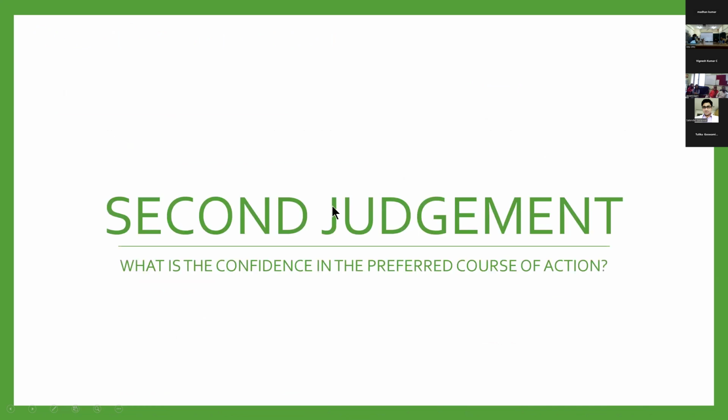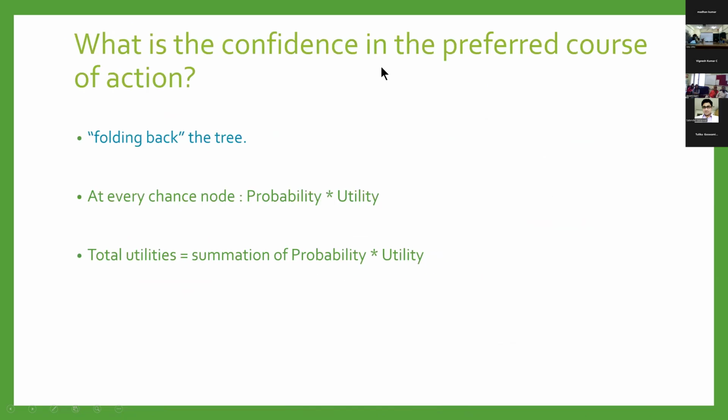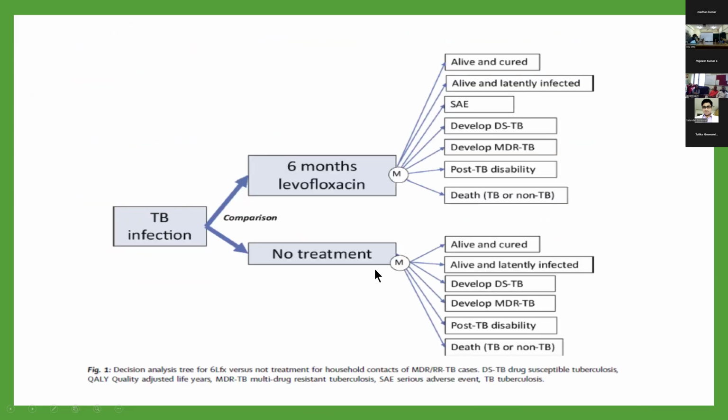Now coming to the second judgment, what is the confidence in the preferred course of action? We talked about folding back on the tree. If you remember, you go to the tree, and at each node you do probability times utility, get a summation, and look at it. This was a decision analysis tree.